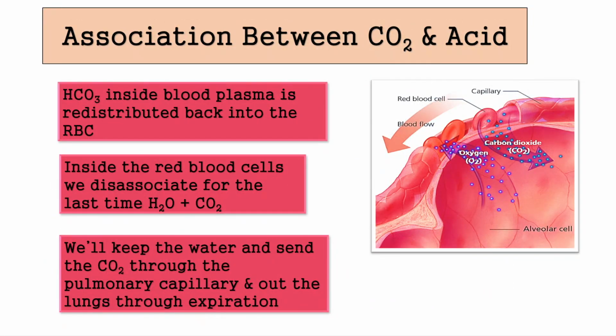Again, I'll just cover these slides real quick. HCO3 inside blood plasma is redistributed back into the RBC. Inside the red blood cell, we dissociate for the last time between H2O and CO2. We'll keep the water, and send the carbon dioxide through the pulmonary capillaries and out the lungs through expiration.